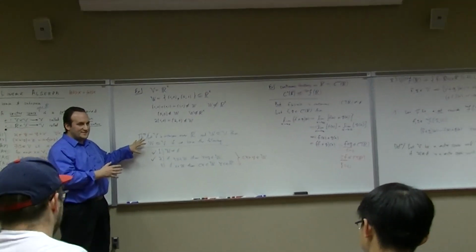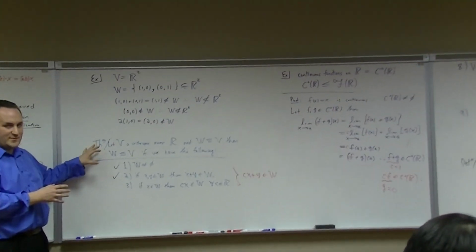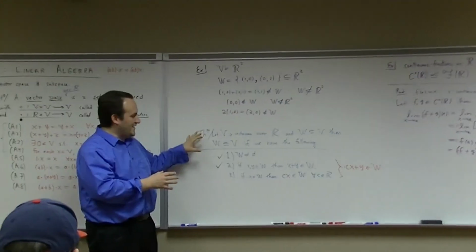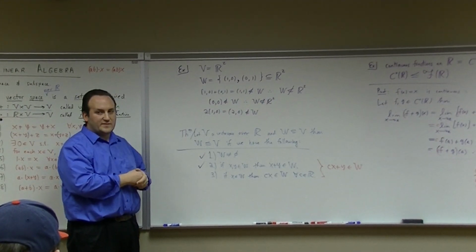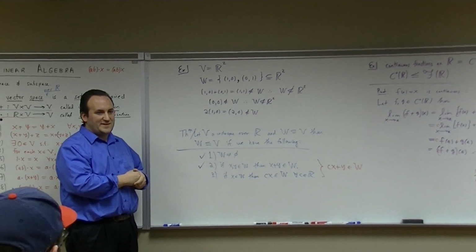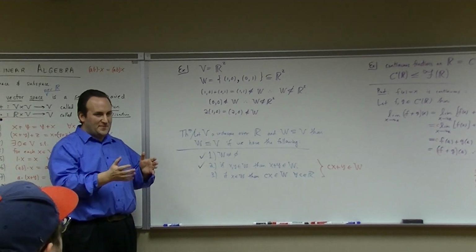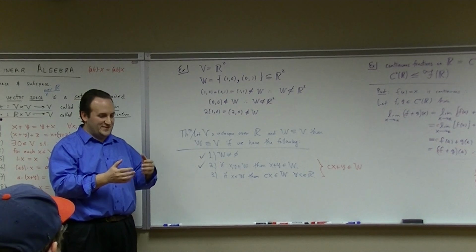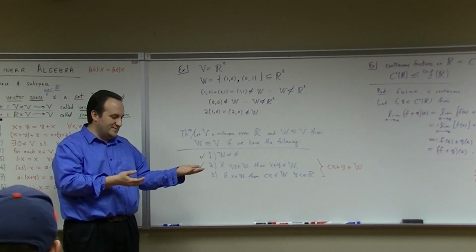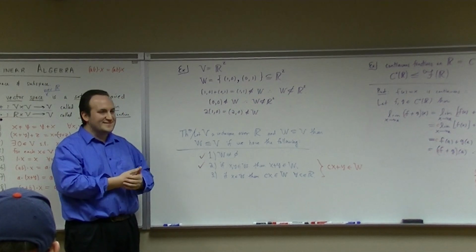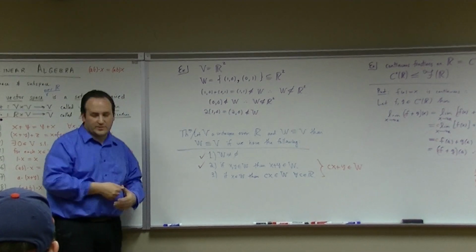I know, kind of a sore issue for some of you at the moment. But in fact, if you can write W as a span of some vectors, that proves that it's a subspace. That's by far the easiest thing. If you can look at it and go, oh, it's a span, then is it a subspace? Well, it's a span. So yes. That's even easier than where we're going there.